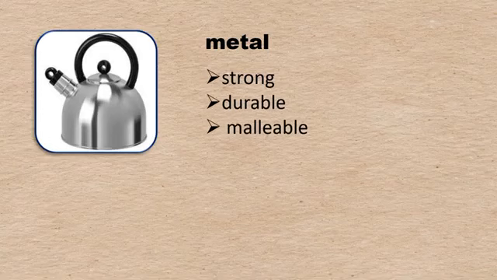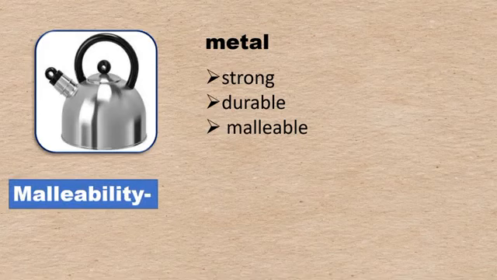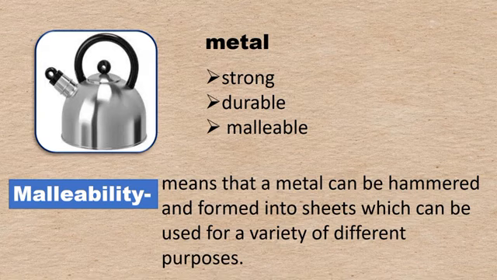This property, malleability, means that a metal can be hammered and formed into sheets which can be used for a variety of different purposes. The performance of solid materials considers their response to external forces.